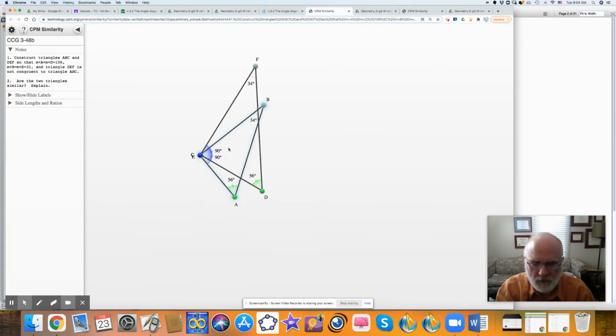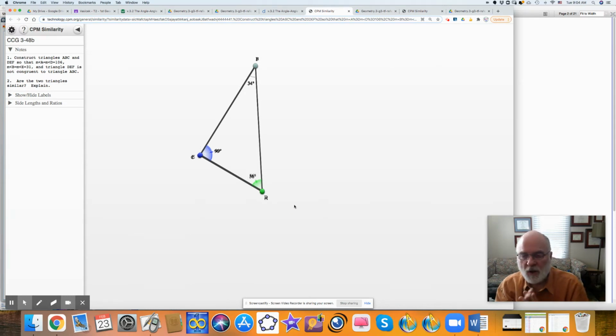I also want to rotate it around this point, and match it up to this other one. Now I don't quite match up, and then I want to dilate it. To dilate it, I have to have a point of dilation, and I can make it larger. And you can see that there is.